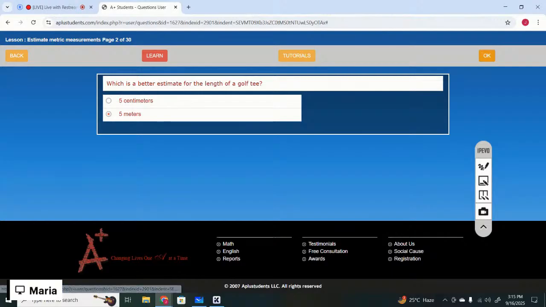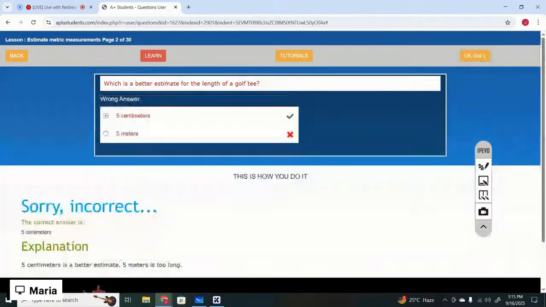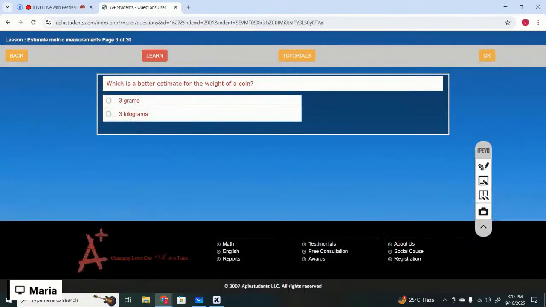Option number 2 is the correct option. Oh, 5 centimeters, 5 meters is too long. Which is the better estimate for the weight of a coin? A coin would be 3 grams. Option number 1 is the correct option.